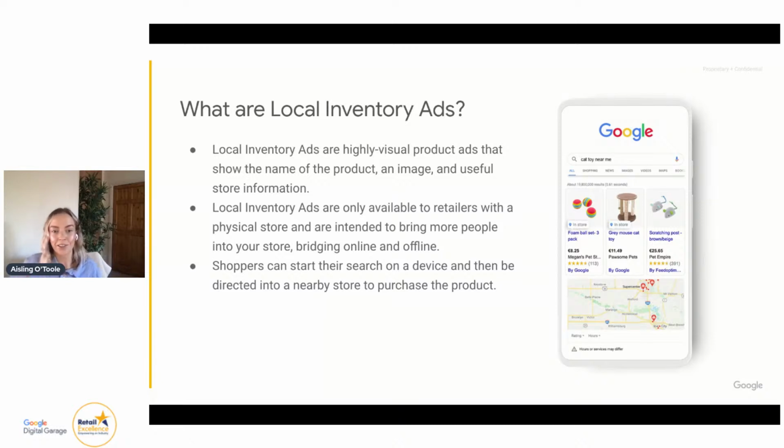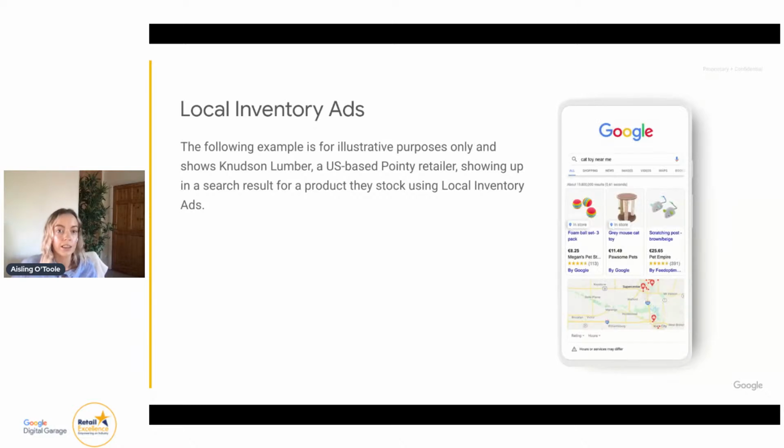I simply don't want to wait a week for it to be delivered to my house. If I can see that the item is available nearby, I'll very happily pop out and get it there and then. This is, again, that sense of instant gratification. So these ads allow you to get your products in front of more shoppers like me. They are particularly useful because they can show a little annotation that says how far you are from the product. So you can see how useful that would be for shoppers.